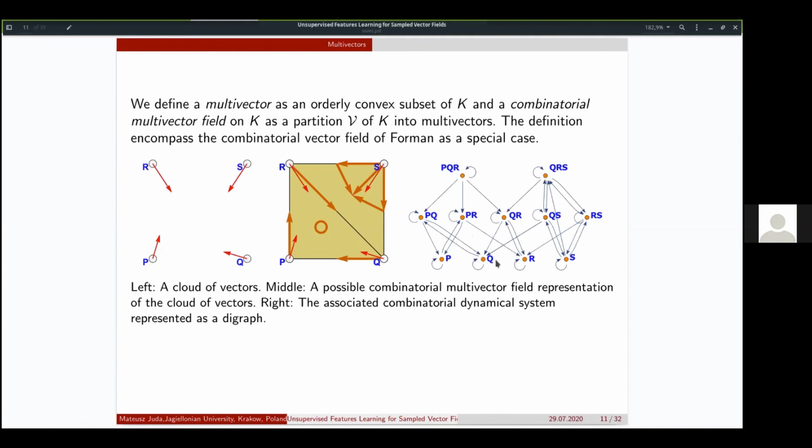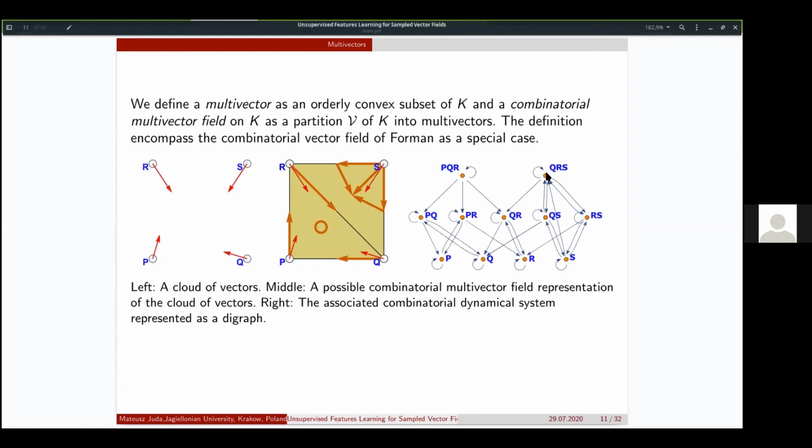We extend this theory into more complicated objects, so we do not want to use only singletons or doubletons from the theory, but we also want bigger subsets, like in the case of QRS and vertex S. So in that particular case, the multivector is built from the vertex S, the edges QS, RS, and the triangle QRS.